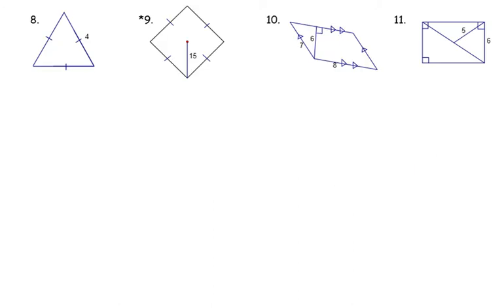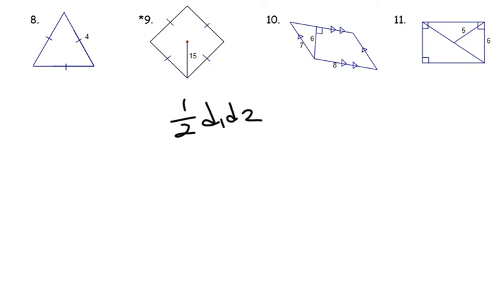Number 9, once again, we're finding the area, and this time they give us what appears to be either a rhombus or a square, but we can actually assume it's a rhombus, and it'll make it a lot easier. Remember, the formula for a rhombus is 1/2 diagonal 1 times diagonal 2.